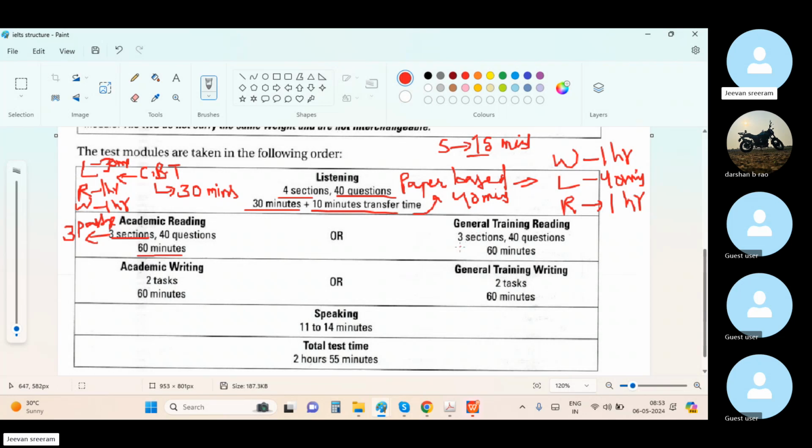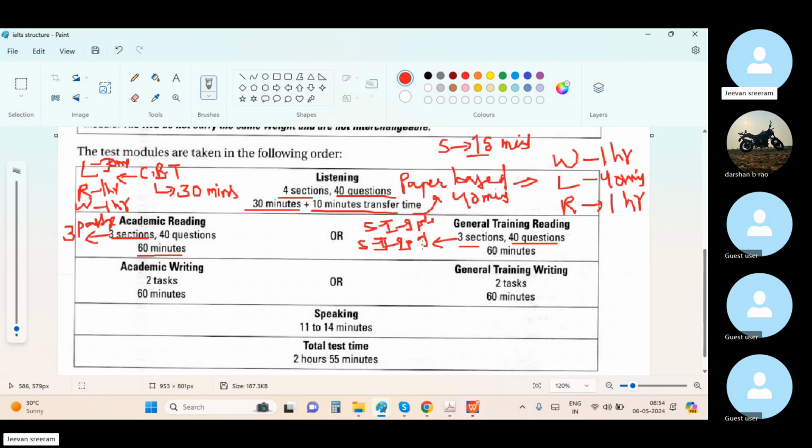Even general training contains the same 3 sections, but you will see 5 passages. I mean, section 1 contains 2 short passages. Each passage is followed by 6 to 7 questions. Again, section 2 contains another 2 short passages.